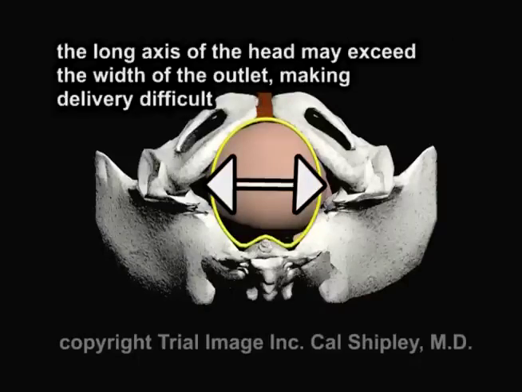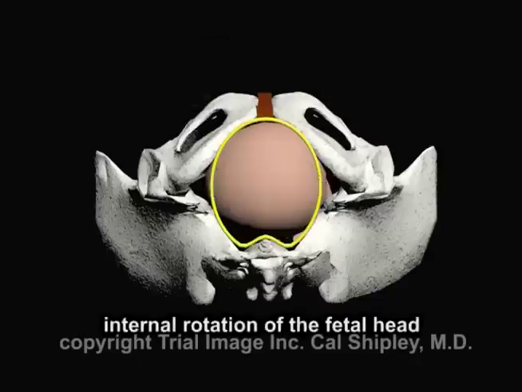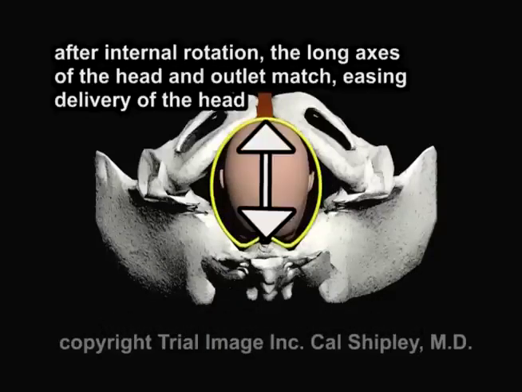In this orientation, the long axis of the fetal head may exceed the width of the pelvic outlet, making delivery of the head very difficult. However, once internal rotation has taken place, the long axes of the fetal head and the pelvic outlet match, making delivery of the head much less of a challenge.